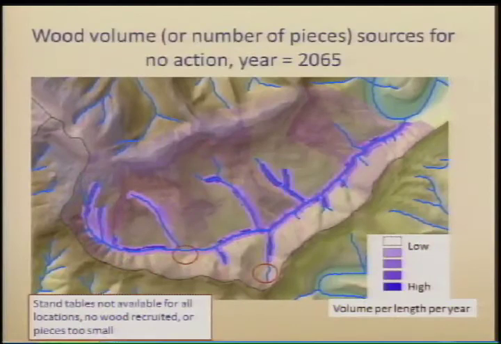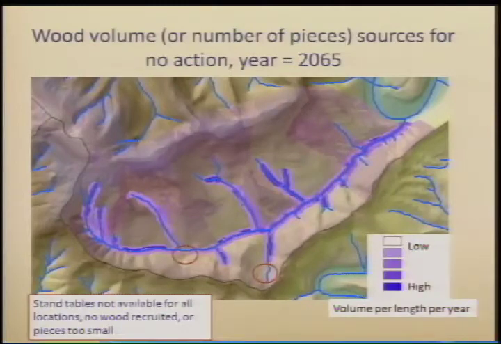So this is a result from one of our runs. This is a map of the wood volume. It could also be the number of pieces. This happens to be the volume, but we do put out the number of pieces too. And this is going to show you the sources. Where is that wood coming from? This is using the no-action buffer, and our year is 2065. The wood that you're seeing, and I haven't got numbers on here, would be in volume per length per year.